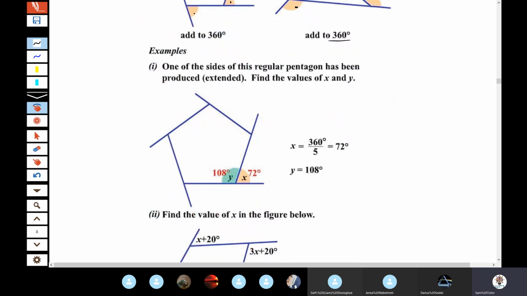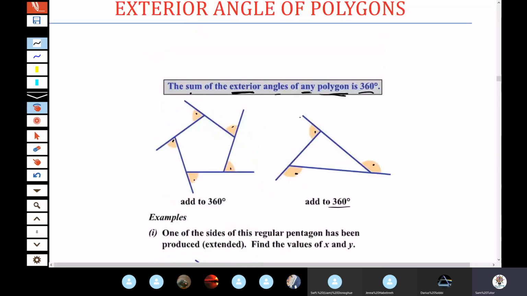One of the sides of this regular pentagon has been produced or extended. Find the values of x and y. Now, they didn't give you anything, just so you guys know. I don't actually need to give you anything to say, here, go find x and find y. How can you find y straight away?